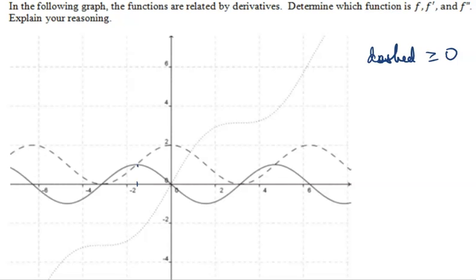Okay, so let's look at these places right here. I notice that anywhere I have an x-intercept on the dashed function, okay, that means I have an x, nope, not everywhere.